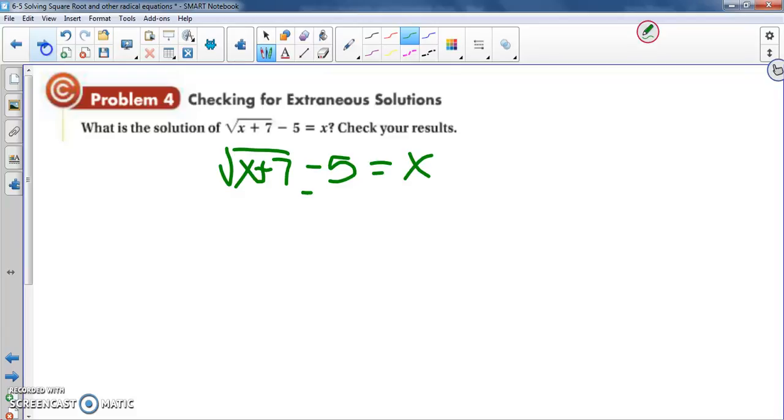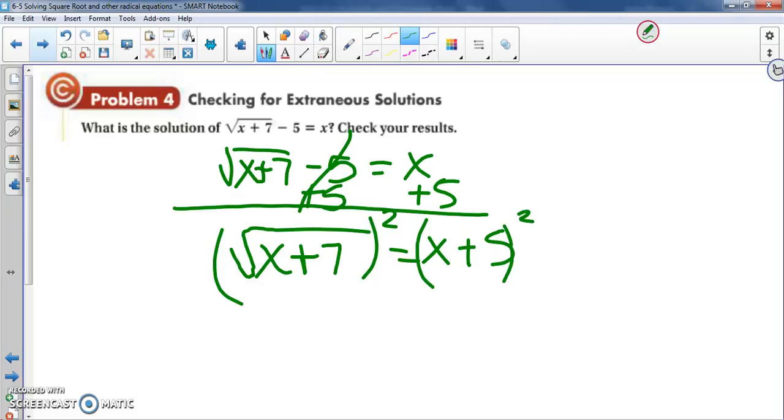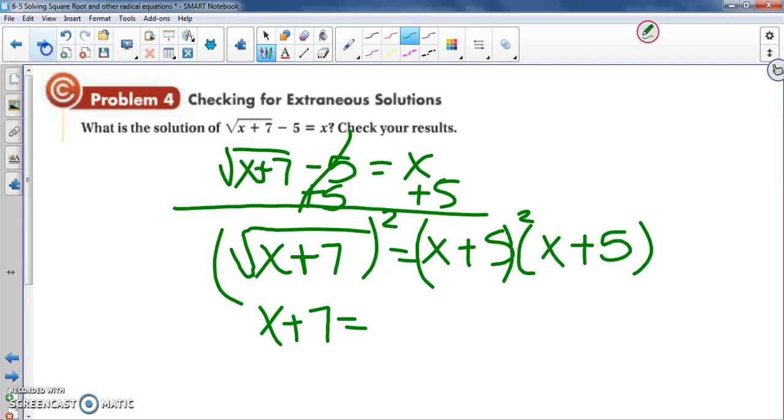Equals x. I'm going to add 5 to both sides. So I have the square root of x plus 7 is equal to x plus 5. I'm squaring both sides. Please notice that squaring x plus 5 means I need to FOIL. x plus 7 is equal to x plus 5 times x plus 5.